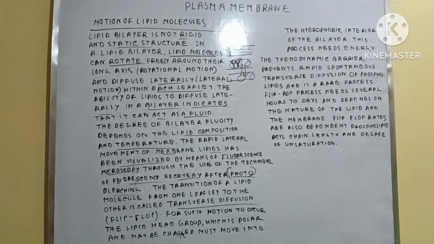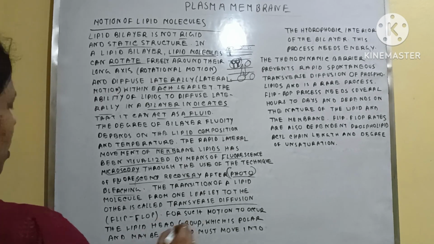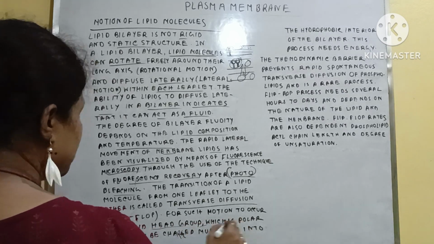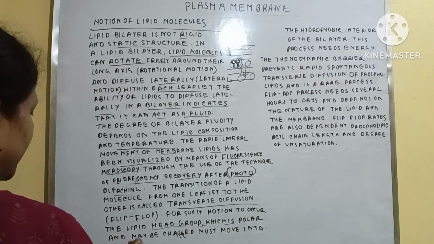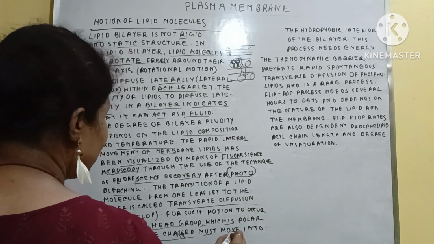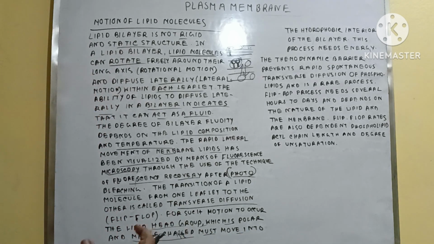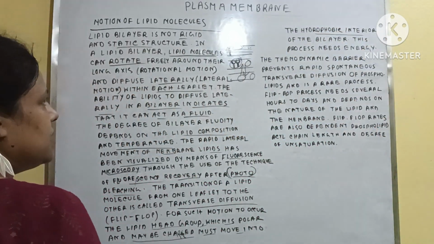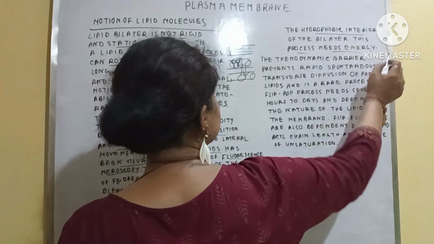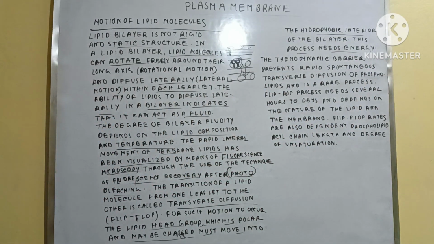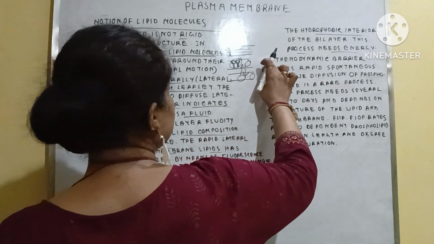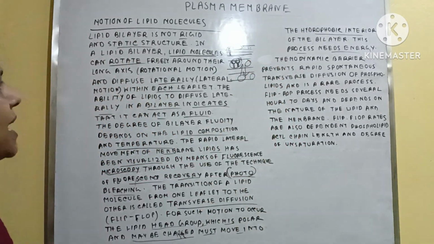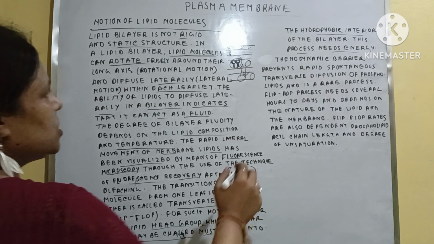For such motion to occur, the lipid head groups, which are polar and may be charged, must move into the hydrophobic interior of the bilayer. This process obviously needs energy. There is also a dynamic barrier that prevents this rapid and spontaneous transverse diffusion.